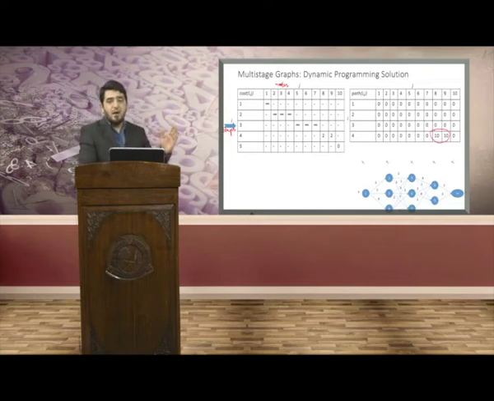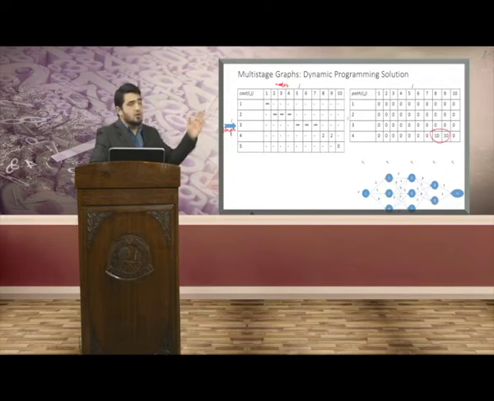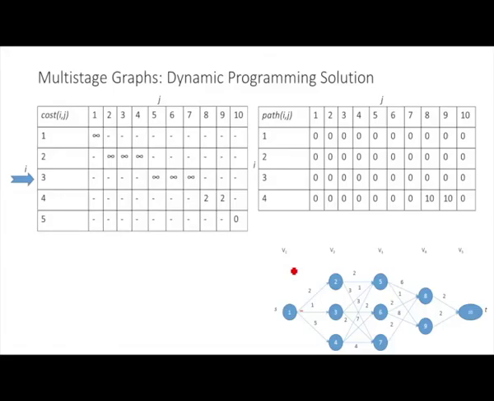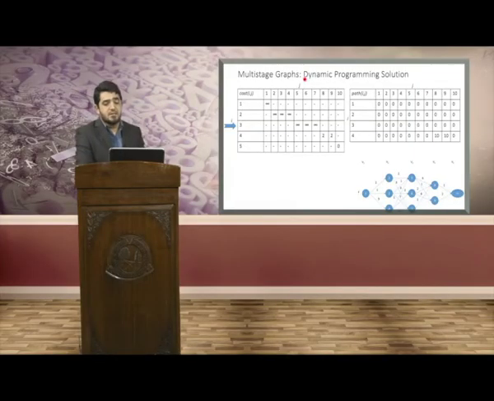So k in our case is 5, so k minus 2 will be 3, and we will start from stage number 3. In stage number 3 we have 3 nodes: 5, 6, and 7. Let's select node number 5 first.